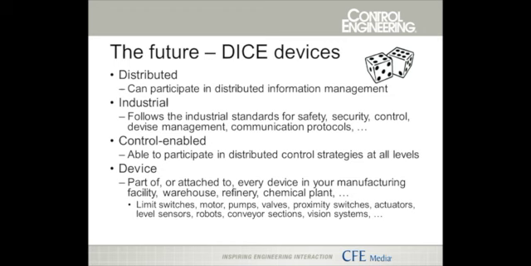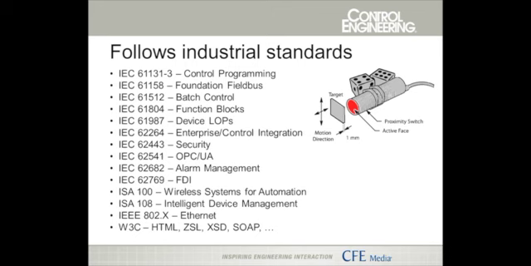And it's control-enabled. It's able to participate in distributed control strategies. So distributed information strategies and distributed control strategies. I'm just throwing this term out there so that we actually can talk about it in this discussion. Okay? I've used the term DICE device to indicate a smart device that is connected, that does participate in information integration and control and configuration.